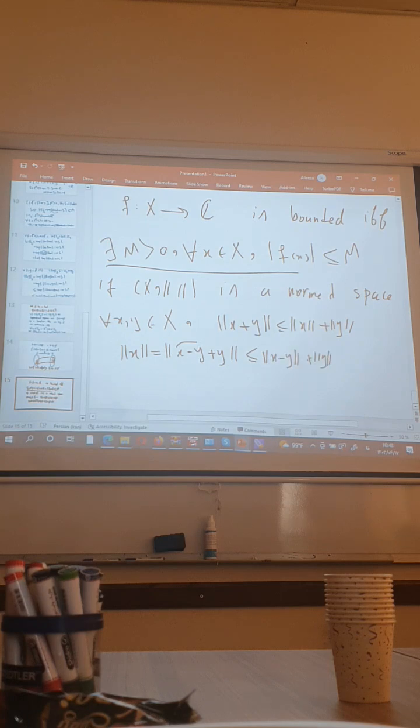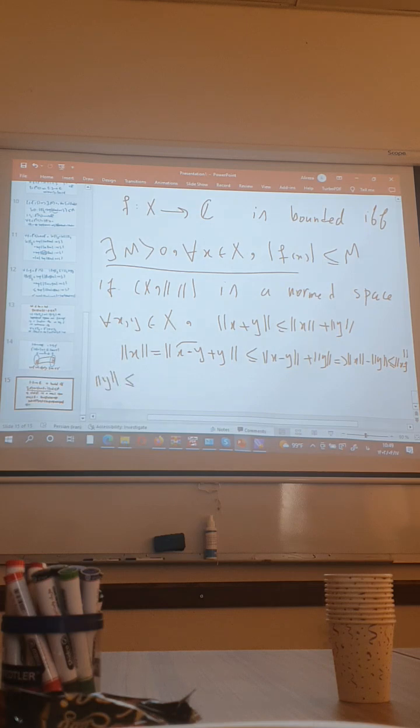If we move this to this side, we see that the norm of x minus the norm of y is less than or equal to the norm of x minus y. Also we can apply this for y.